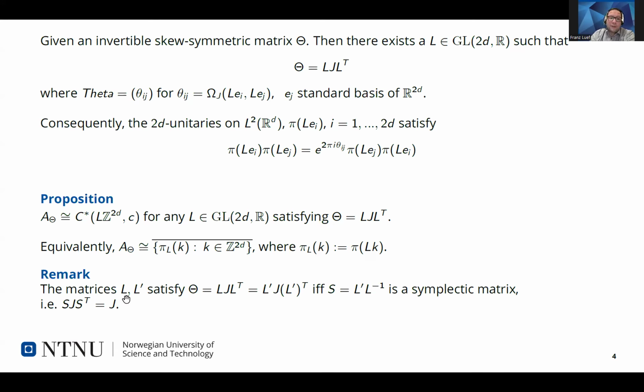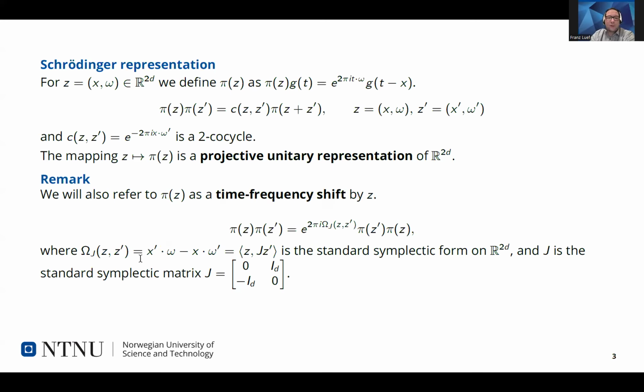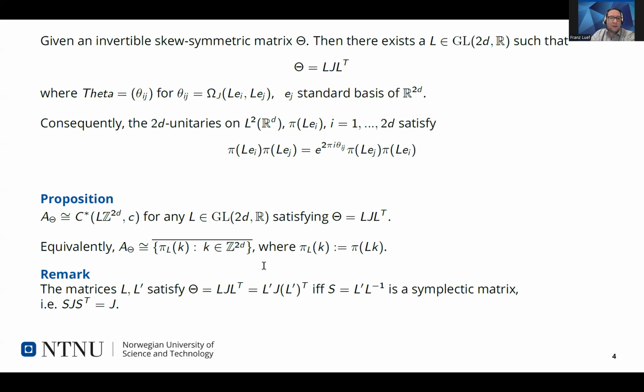If you have two matrices, L and L prime, that diagonalize our theta, then this is precisely happening when the matrix L prime L inverse is symplectic, which is this condition A J A transpose equals J. This comes out if you look at those mappings on phase space that preserve this standard symplectic form, because you can write it in this way, and then you look for those matrices that preserve this skew-symmetric bilinear form, and that's exactly the condition.